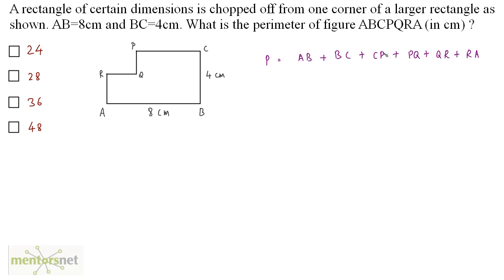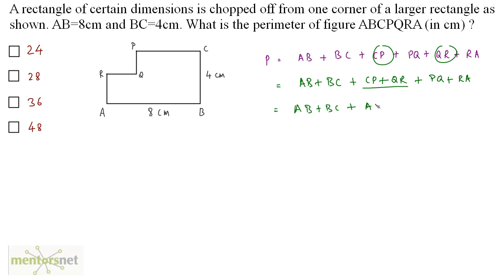So I can write AB plus BC plus CP plus QR plus PQ plus RA. Rest of the terms are as they are. So CP plus QR can be written as AB. So I have AB plus BC plus again I have AB plus PQ plus RA.